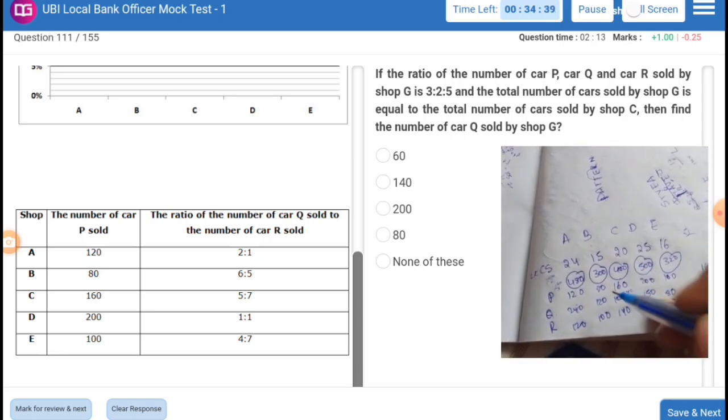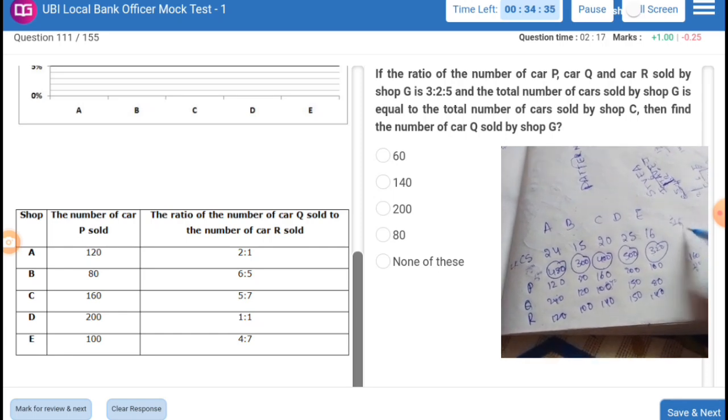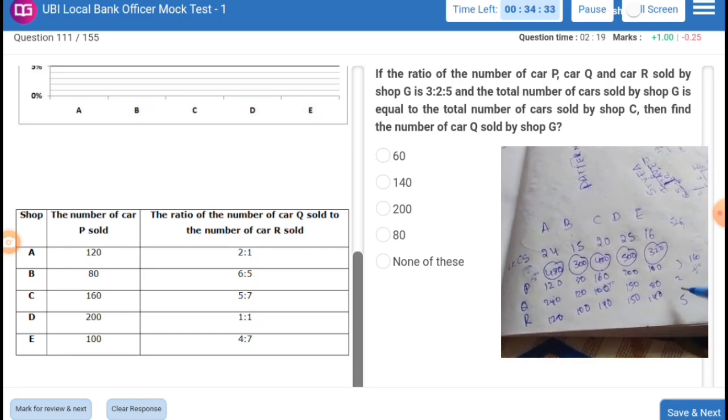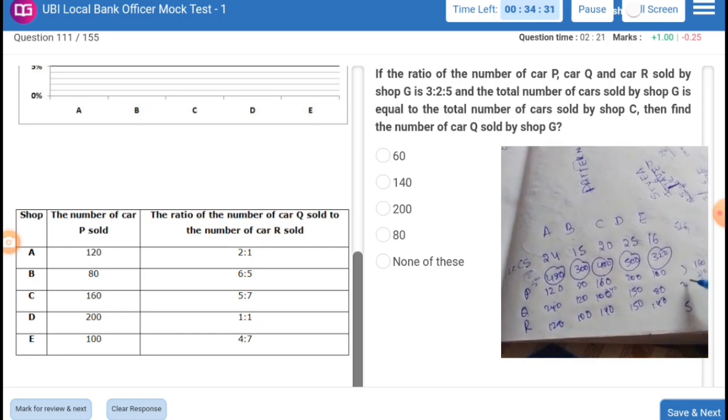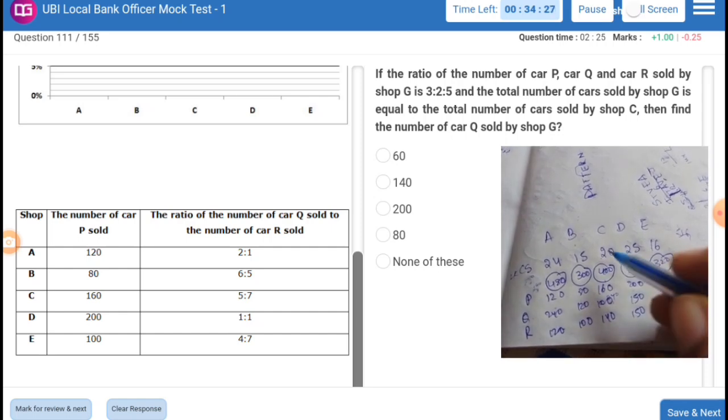So the ratio of number of PQR by G is 3 to 5. The number of cars sold G is equal to the total number of cars sold C, 400.